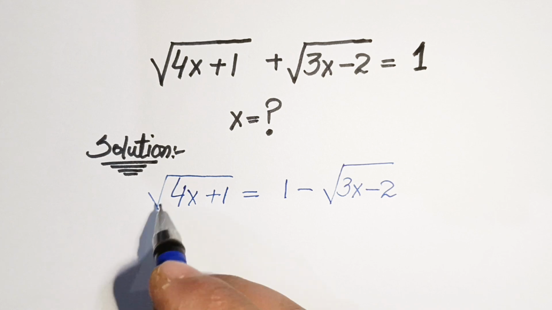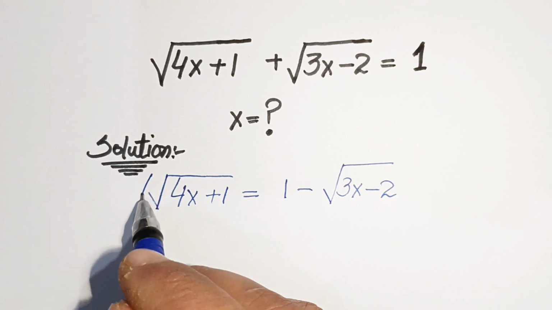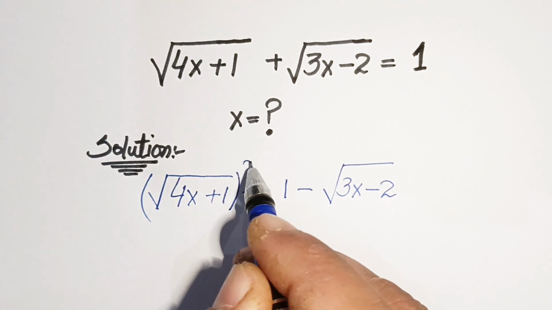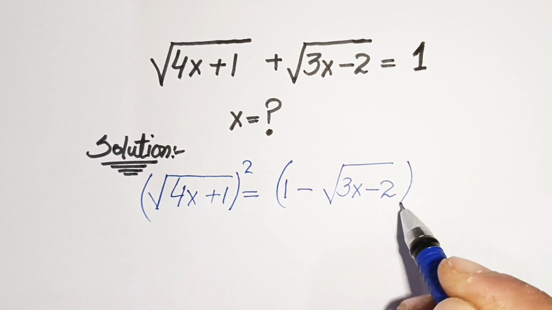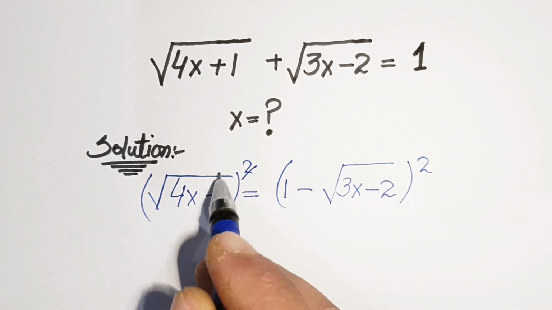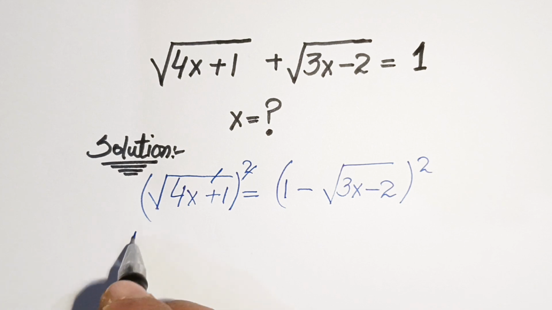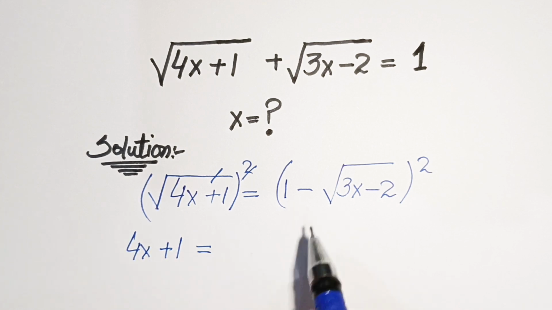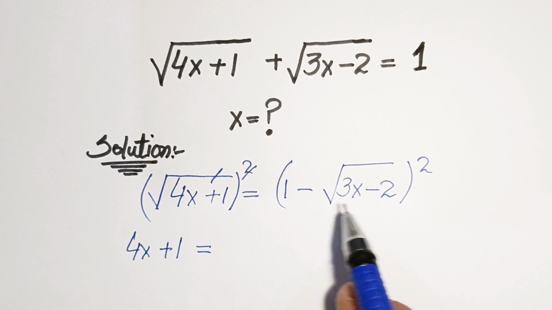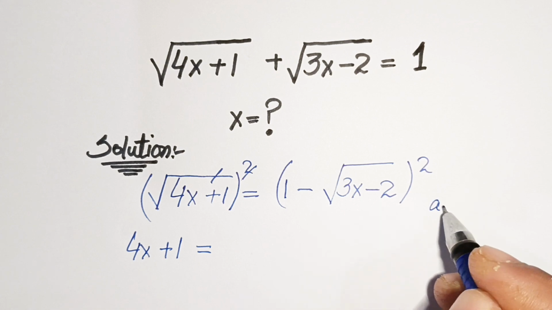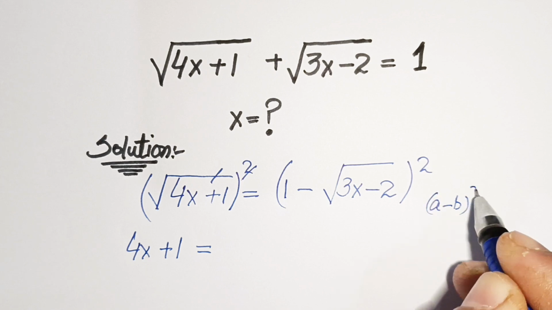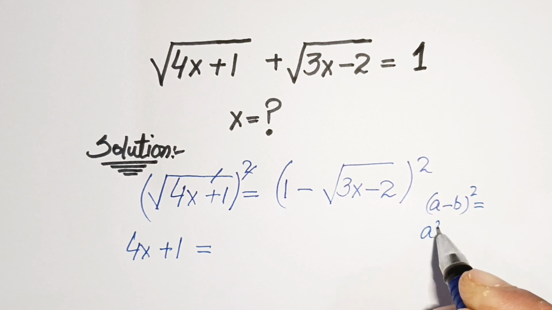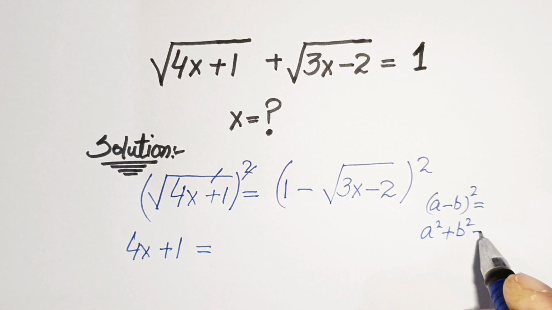Now here we take square on both hand sides, cancelling the square with the square root, we get 4x plus 1 is equal to, here we are going to use a minus b whole squared, and we know that a minus b whole squared is equal to a squared plus b squared minus 2ab.